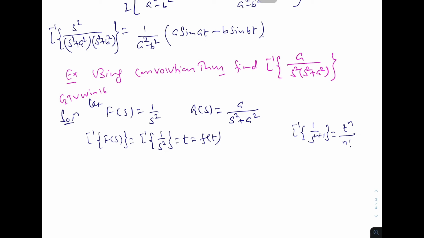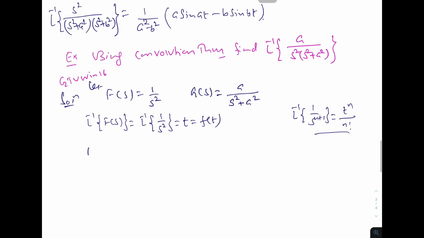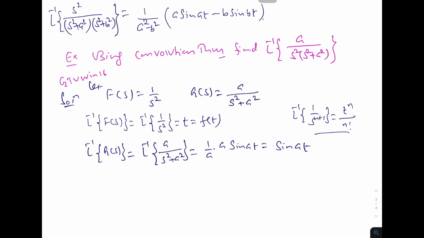Okay, so just verify this also. Then inverse Laplace transform of G(s), that is inverse Laplace transform of a over s square plus a square, is very standard, sin at, and that is our g(t).